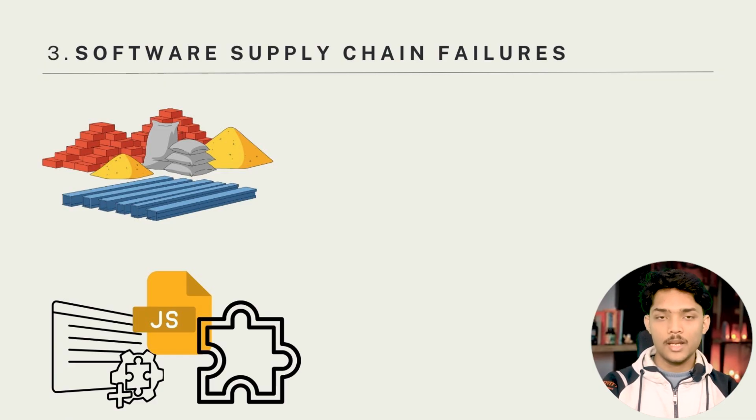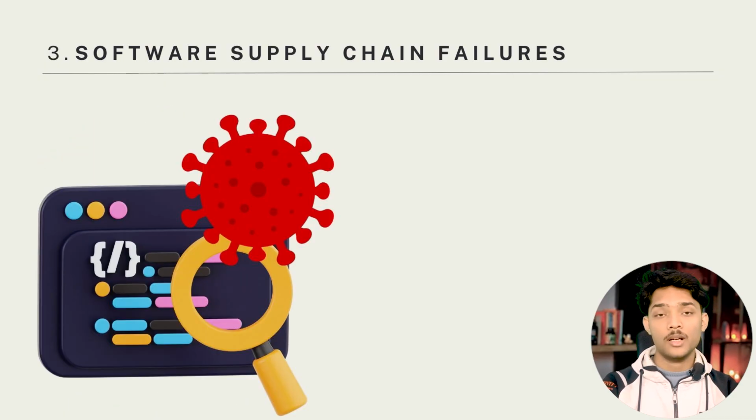Now what happens is, if some library has a particular weakness in its code and an attacker somehow identifies that weakness in that library, the attacker will just attack that particular vulnerability.